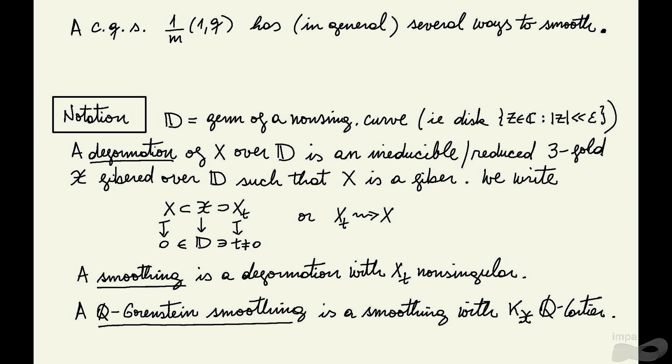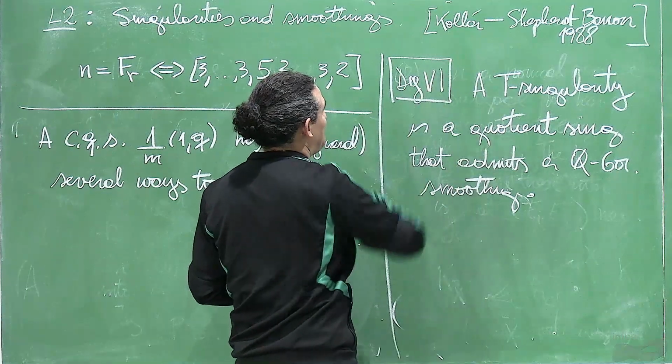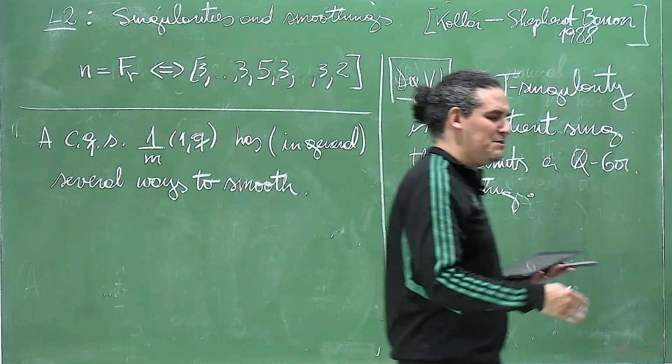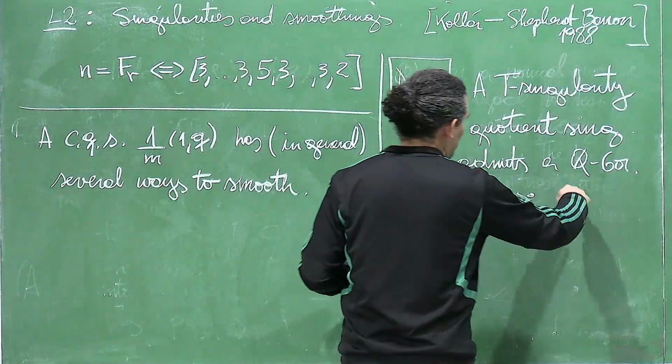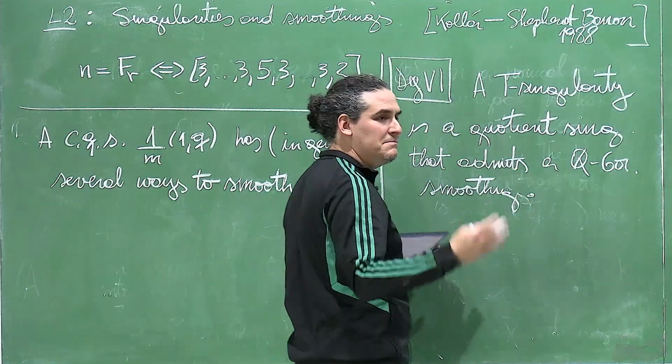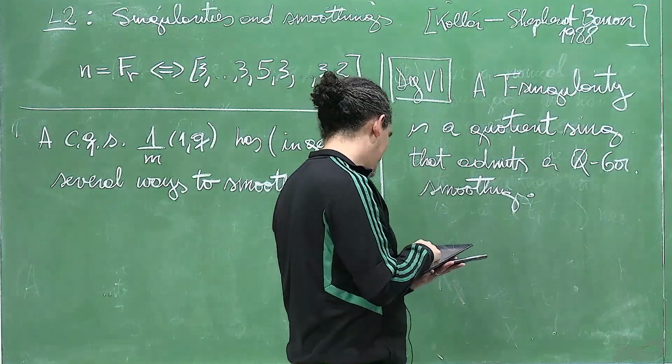Okay? And why? Because they naturally appear in this, to define this compactification. So what they do, they have a degeneration. There is a way to resolve that degeneration. Then you have some threefold that is smooth, and then you run MMP. But when you run MMP, all the time the canonical class is Q-Cartier. So you end with something with canonical class Q-Cartier. And so naturally, if you end with a quotient singularity, the deformation is Q-Gorenstein. So they naturally appear in that sense.